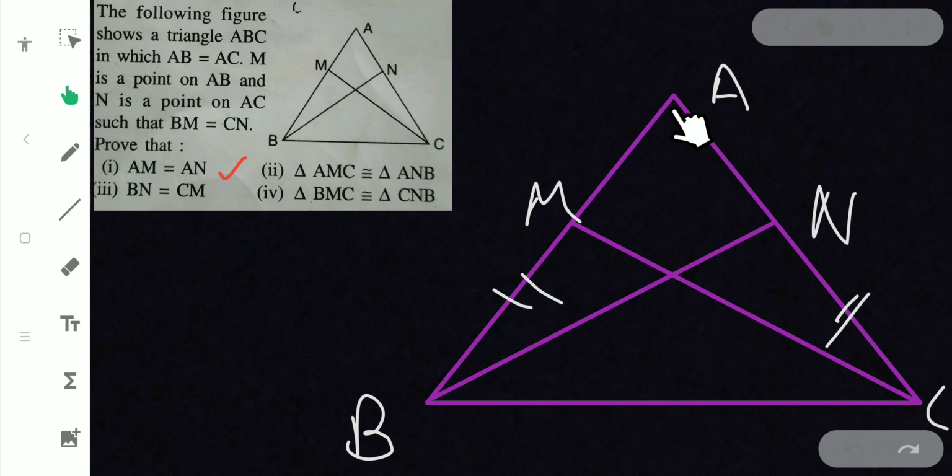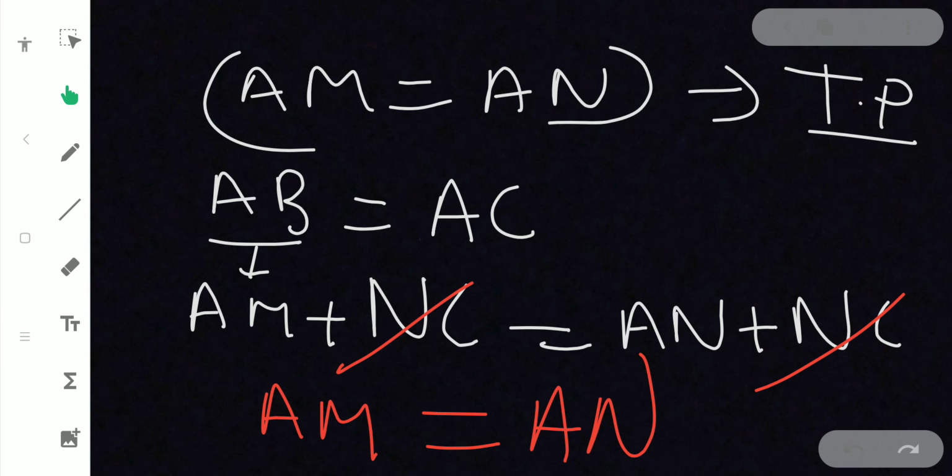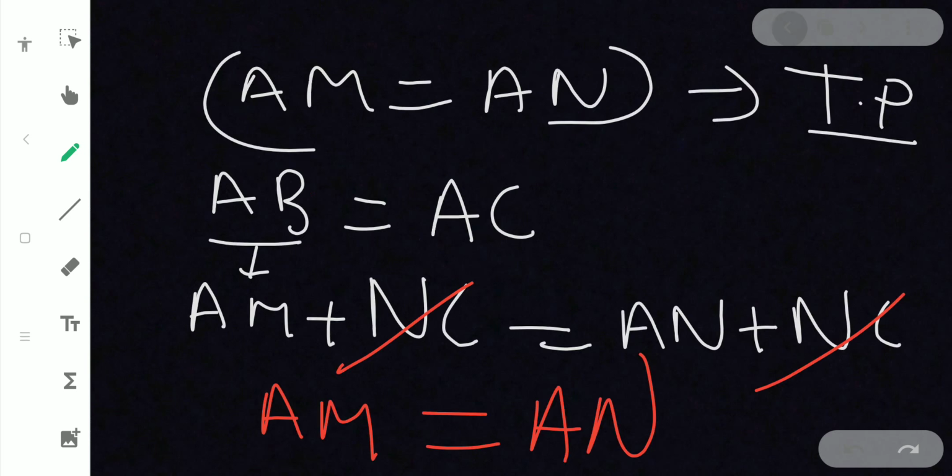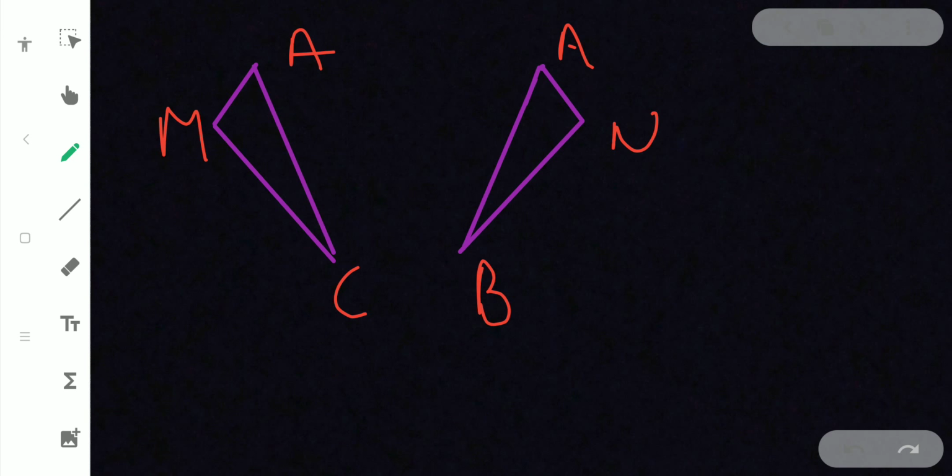Now what we are having is to prove these two triangles are congruent.